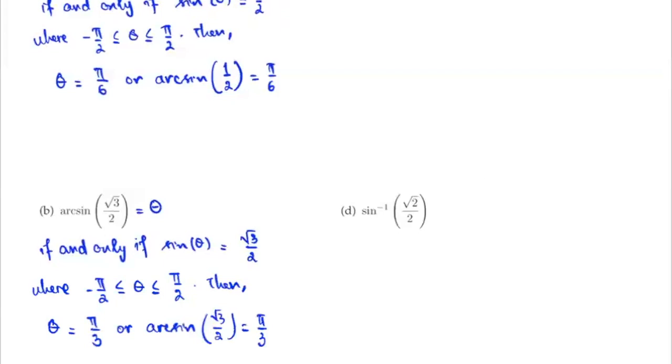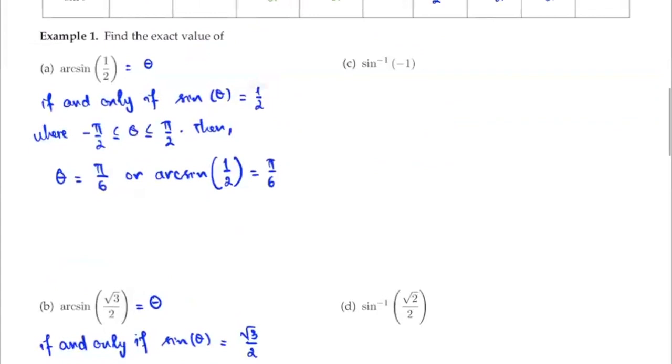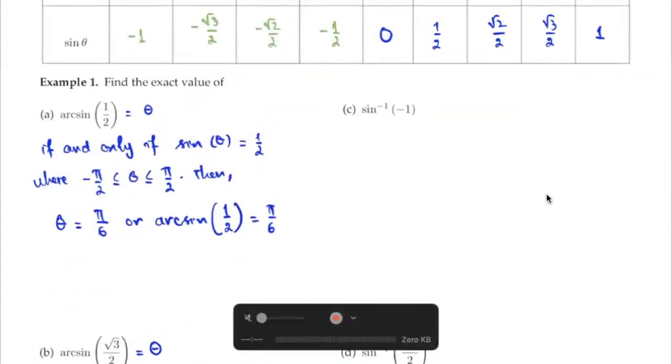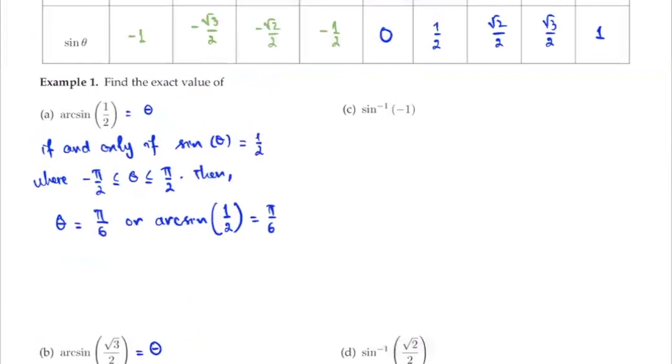Okay. Now in problem C, I'm going to switch the notations a little bit. Instead of arc sine, now I have sine inverse of negative 1. Again, you're looking for the angle theta such that sine of theta is equal to negative 1.